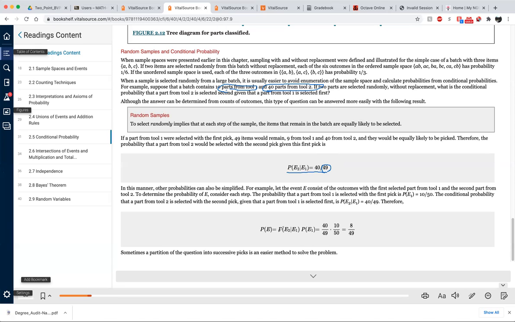P of E is equal to P of E2 given E1 times P of E1. Why? Because by the formula of conditional probability, this is equal to P of E1 intersection E2 over P of E1.